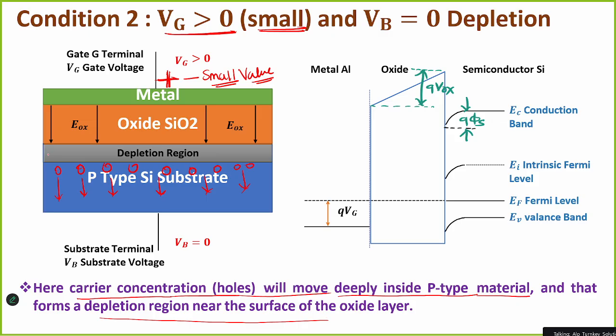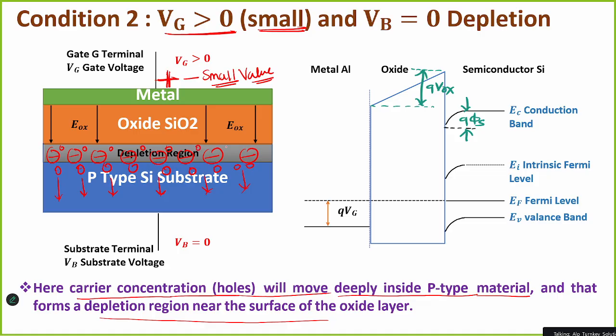So the depletion region is due to what? Due to the negative ions. Basically there will be a depletion layer. Before applying positive voltage, holes will be there.